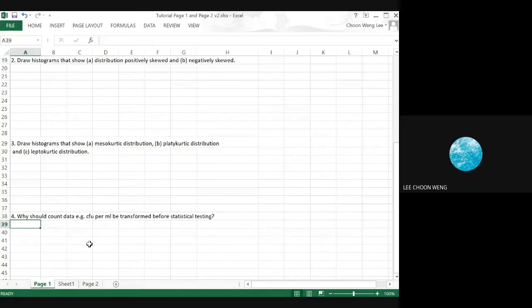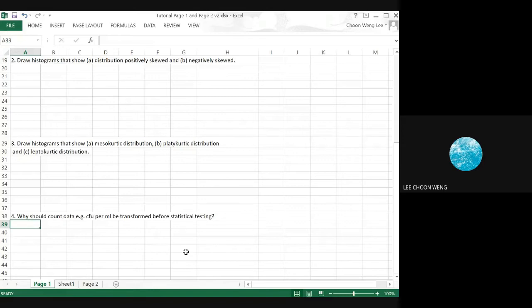If you realize your counts, if you're doing CFU per mL, it's usually like times 10 power 2, times 10 power 3. So it's not normal. It's skewed, probably negatively skewed, because it has the power 2, power 3 high counts, but it doesn't have the small counts.